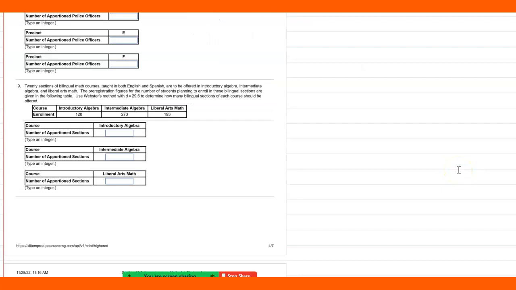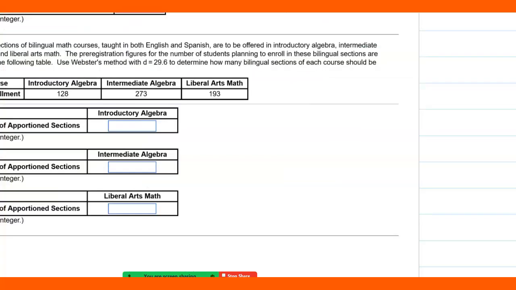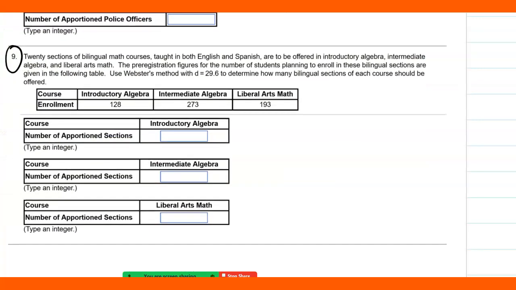Okay, finally, last question number 9 here. That is called Webster method. You guys see that? Let me make it bigger here. Webster method here, right? Again, in this method, we use a modified divisor, which is 29.6.